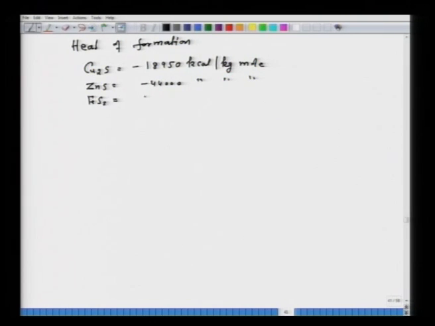FeS2 minus 35,500 kilocalorie per kg mole.